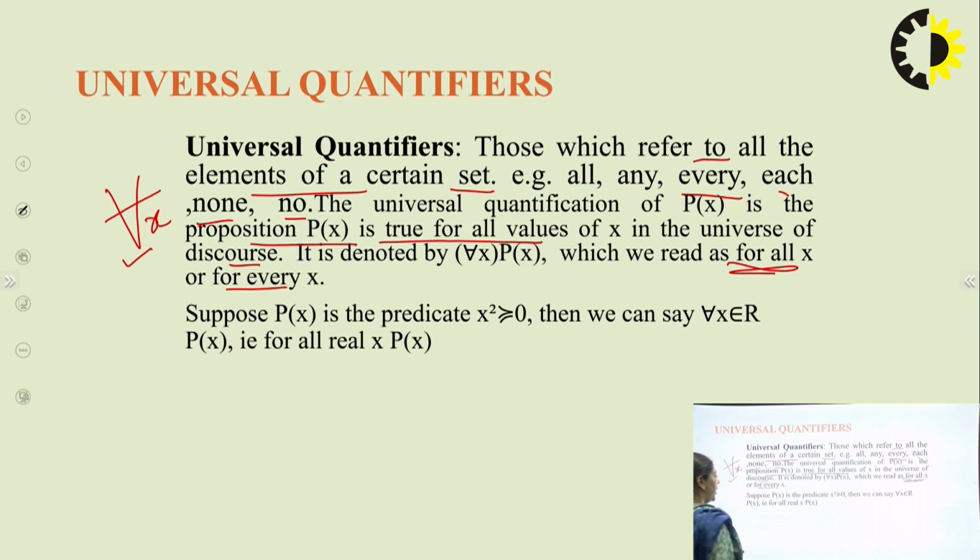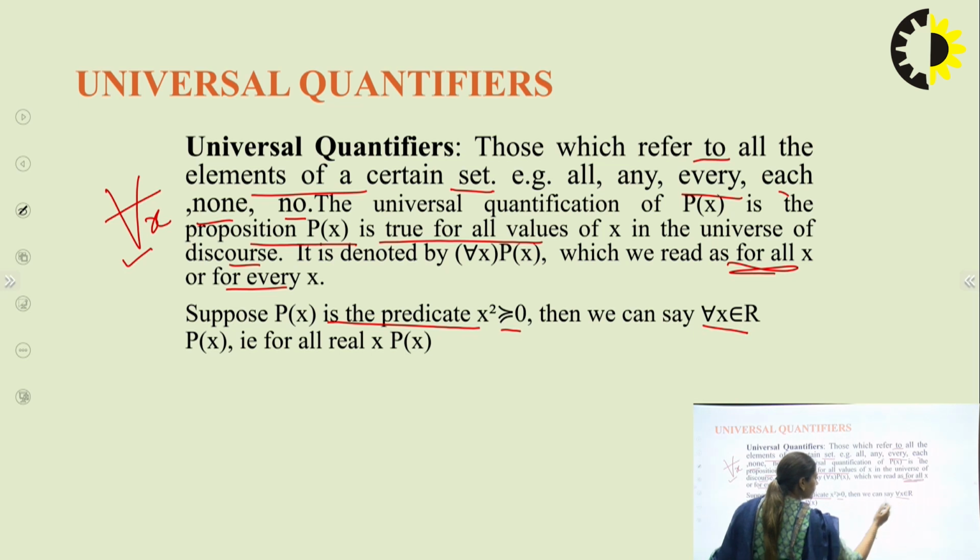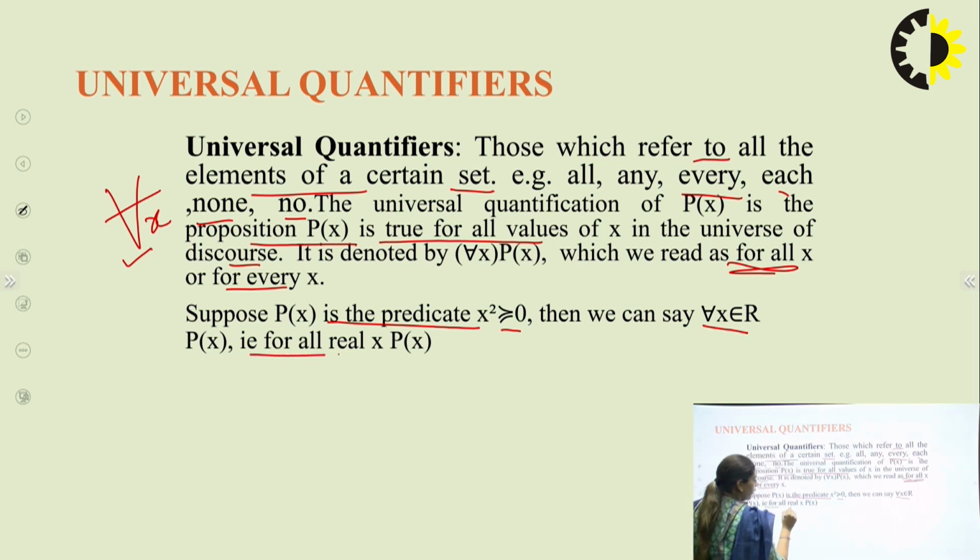Suppose Px is a predicate, x square is greater than or equal to 0. Then we can say that for all x belonging to R, Px, that is for all real numbers x, Px, right? For all real numbers, x square is greater than or equal to 0.